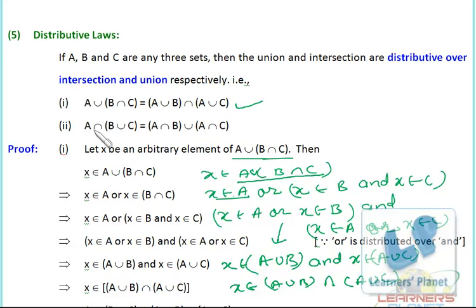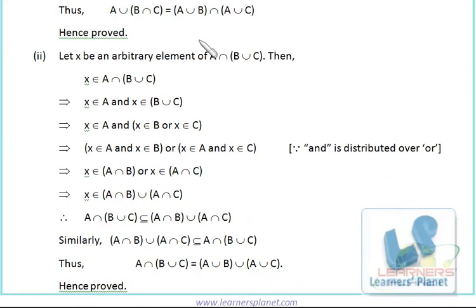Okay, similarly we can see this. Now see this, A intersection (B union C). Again we start with X, so X belongs to A, and for this I'll put and. I put a bracket. X belongs to B, for union I'll put or, X belongs to C, and this is in bracket, right?